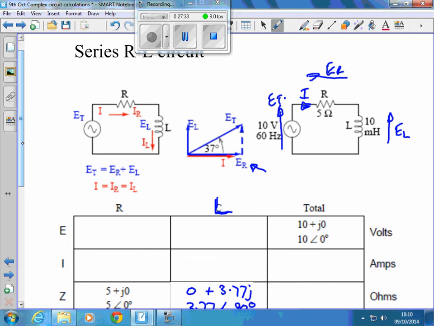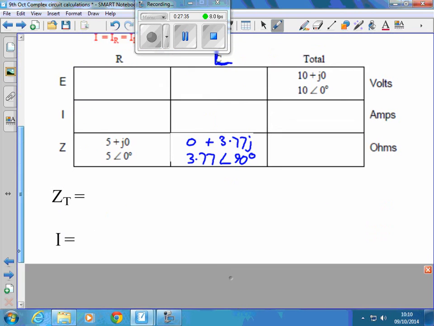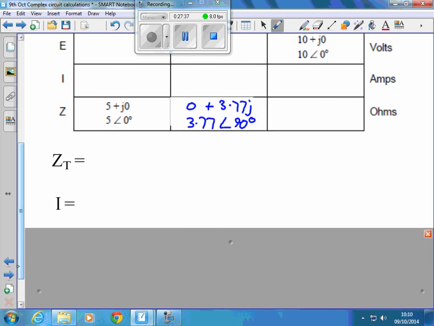No different with this. The total impedance of this is the resistance 5 plus 0J added to 0 plus 3.77 J.